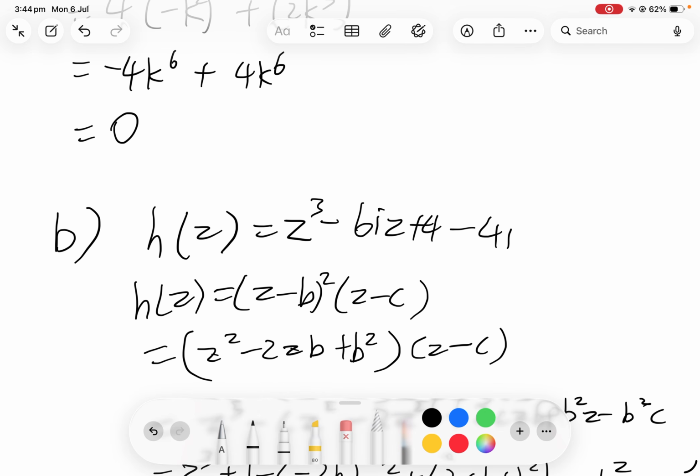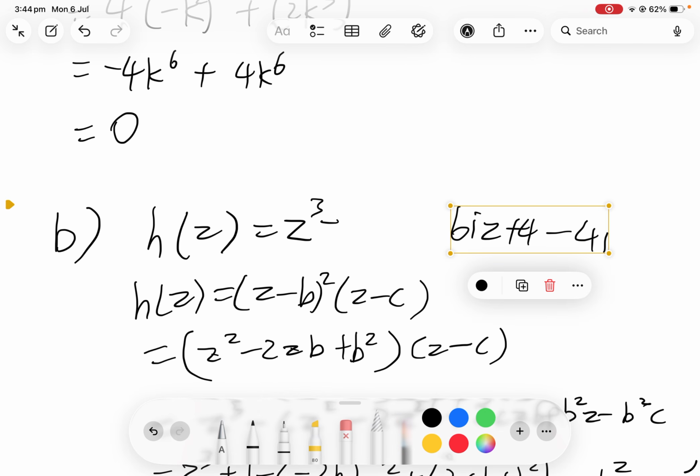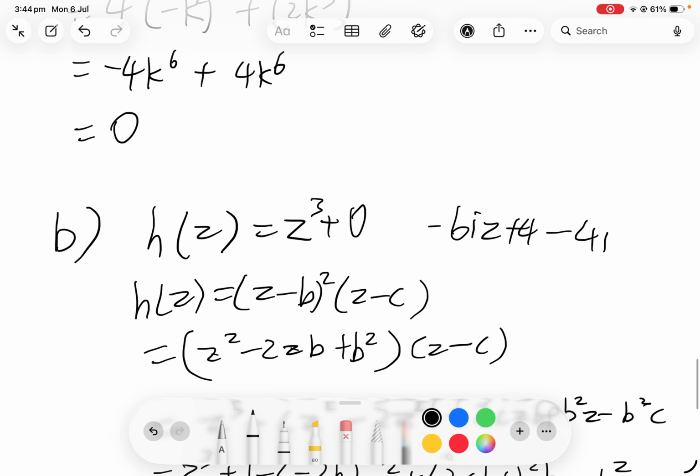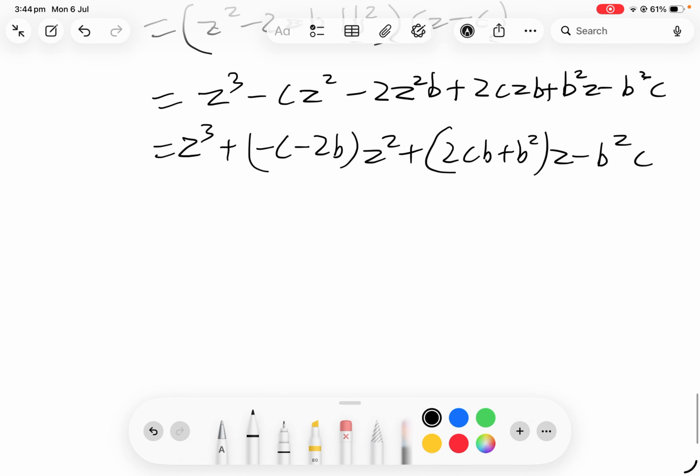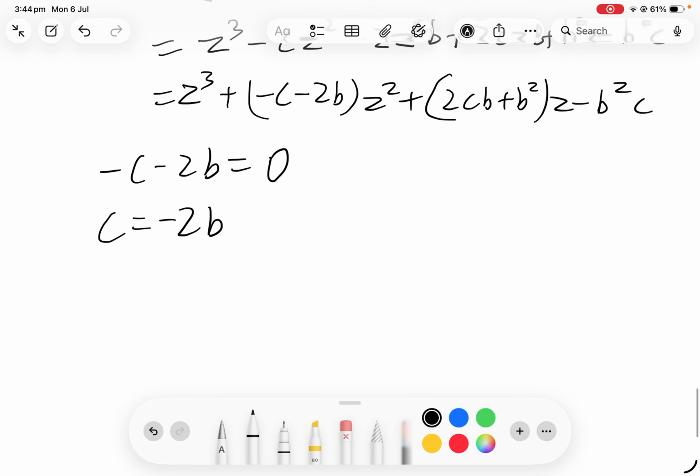We can see from this that there's actually 0z² inside. So we know that −c − 2b equals 0, and then we can make it so that c equals negative 2b.